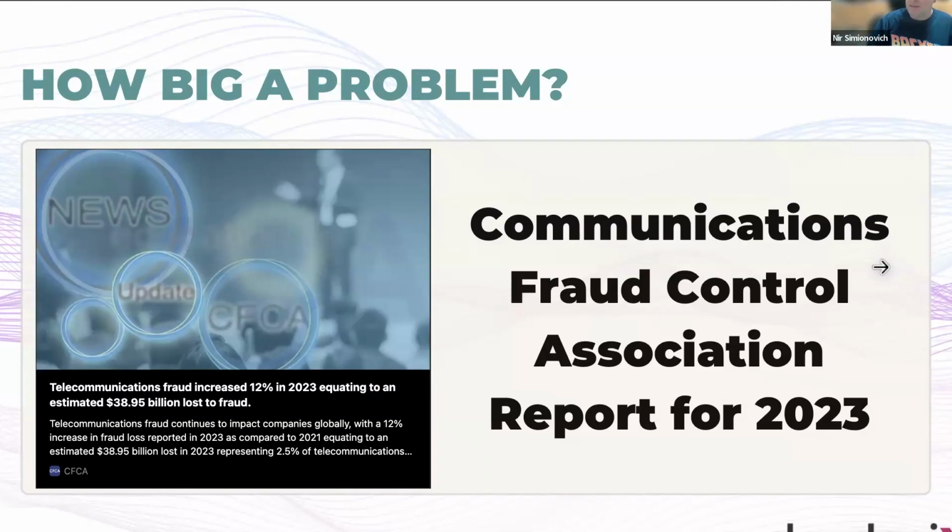And it means that when they say $38.95 billion were lost, what they actually mean is that $38.95 billion were not charged by the telephony carriers for services that they rendered, and somebody else took the money.